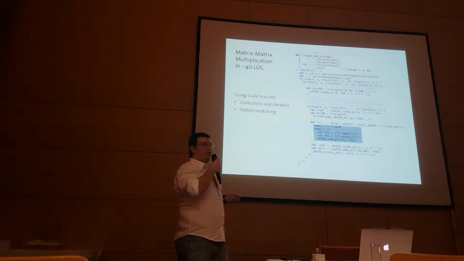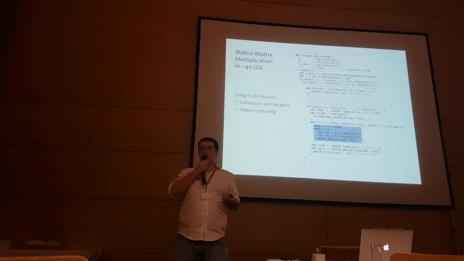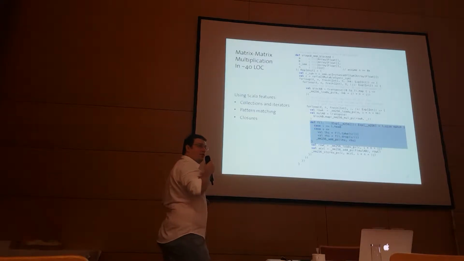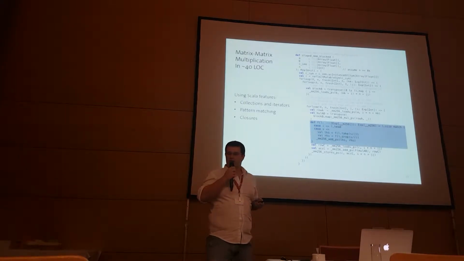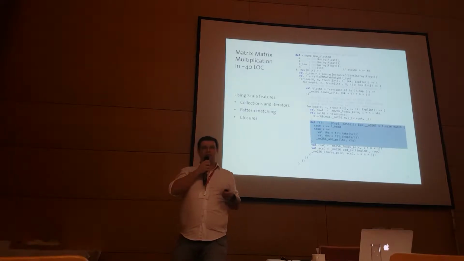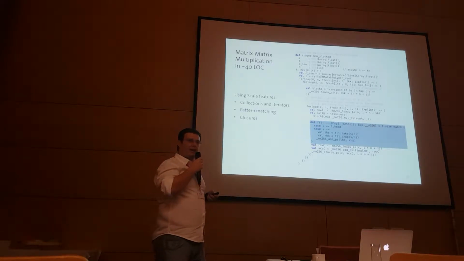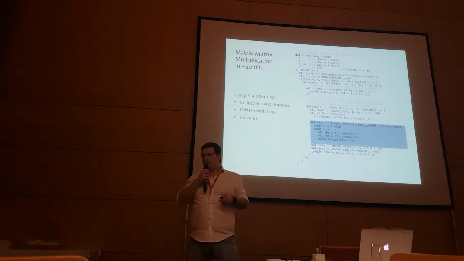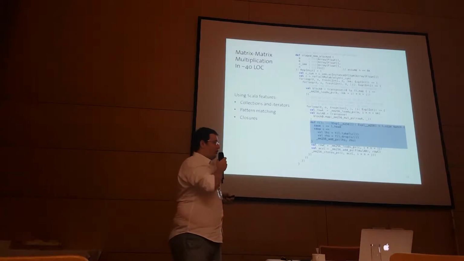Then we can use pattern matching directly. I wish I could do this in C. Then we can use closures and many other features. So this is the beauty of using EDSLs to perform this job, because we kind of get an abstraction with no regret.